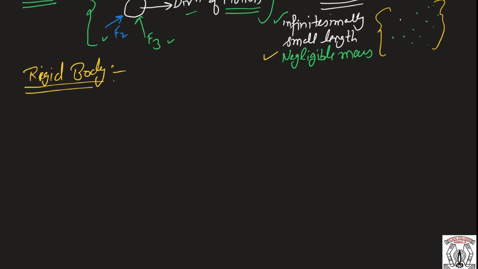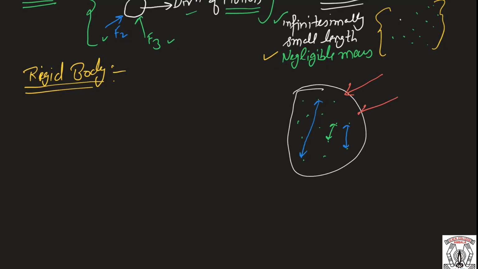What is a rigid body? A body is said to be a rigid body if the distance between its constituent particles always remains the same. Like these are the constituent particles, and this is the distance, this distance, this distance, always remains the same irrespective of the amount of force we are applying upon it.